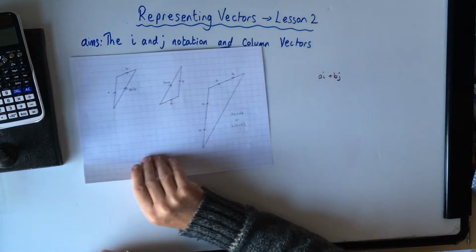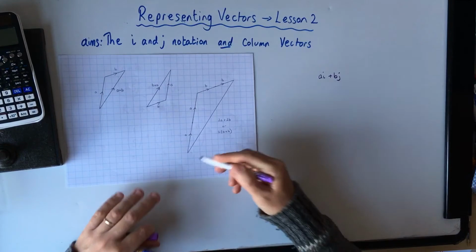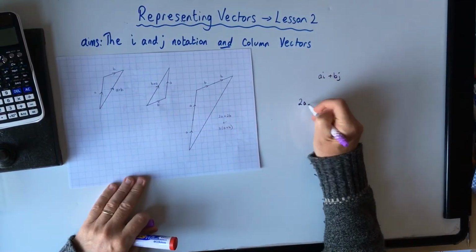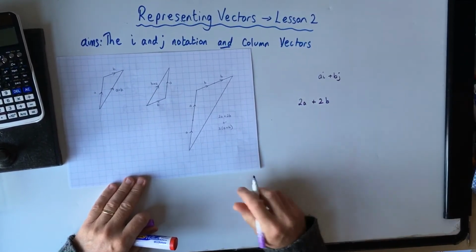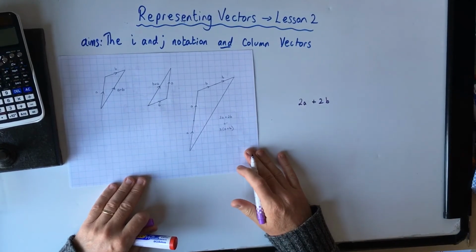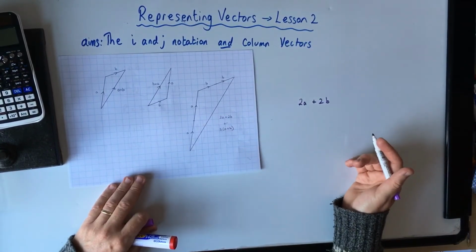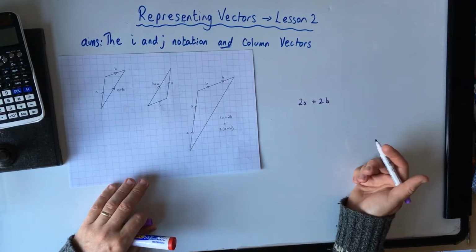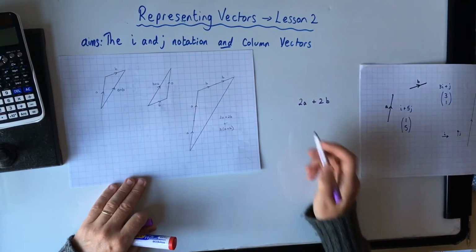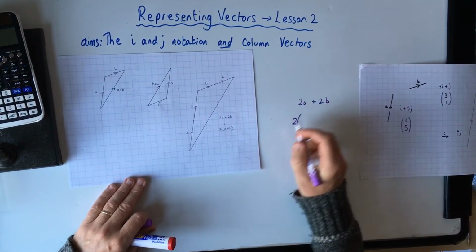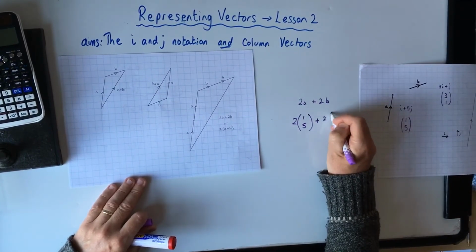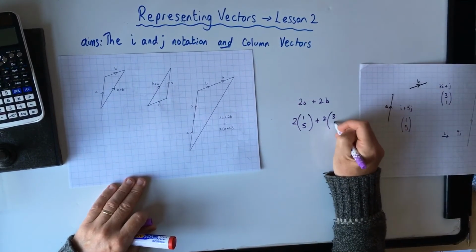If we look at this one here, just before I sign off, you can see that this is 2a plus 2b. We know that whether we do it in column form or not, we can do 2 lots of 1 over 5 plus 2 lots of 3 over 1.